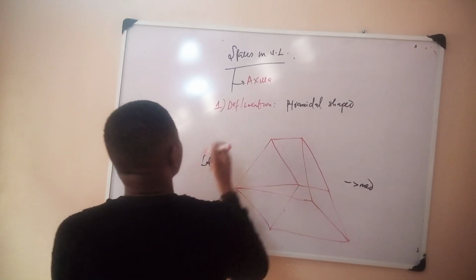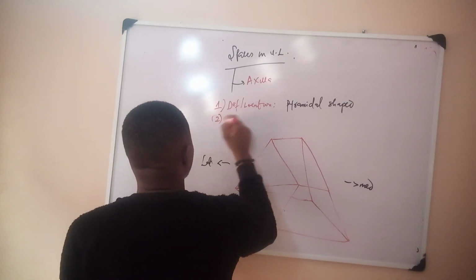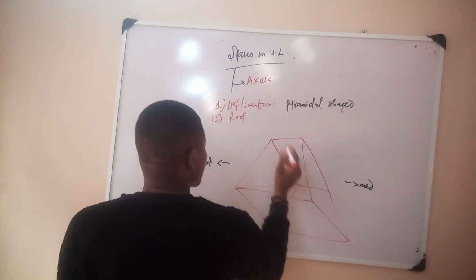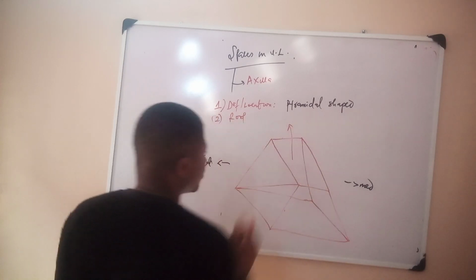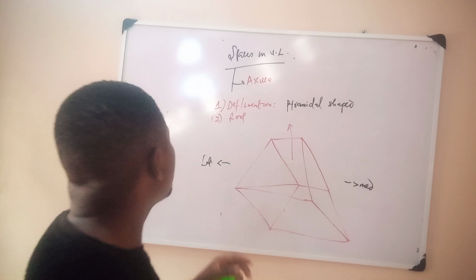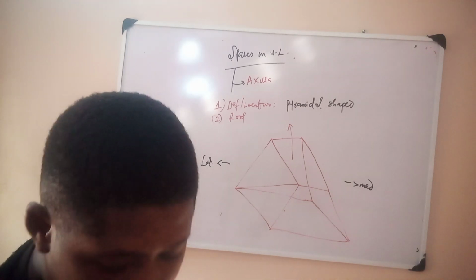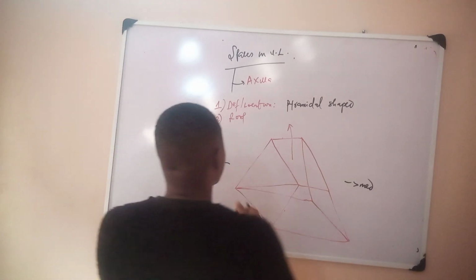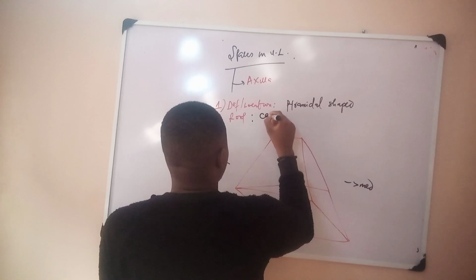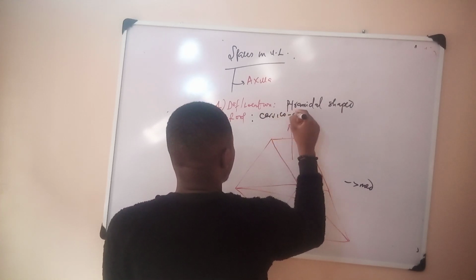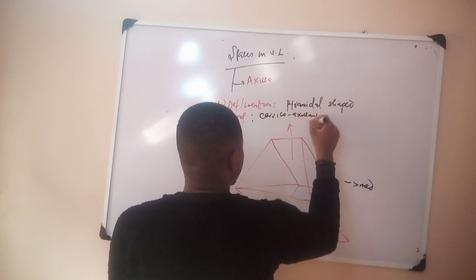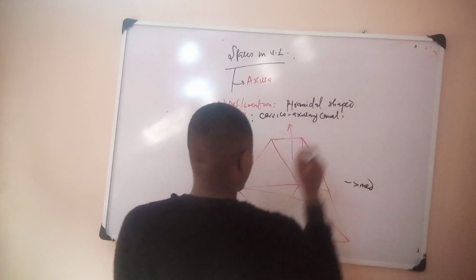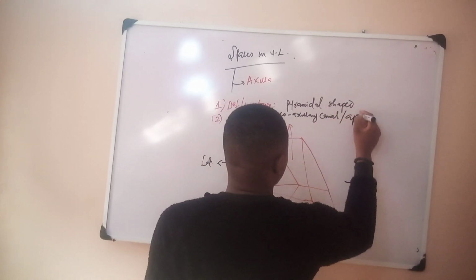Then number 2 is talking about the roof. The roof is also called the cervical axillary canal, or you can call it the apex.